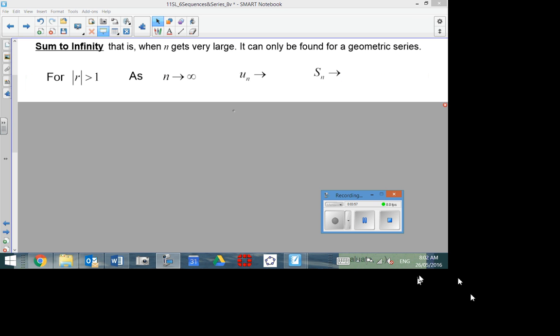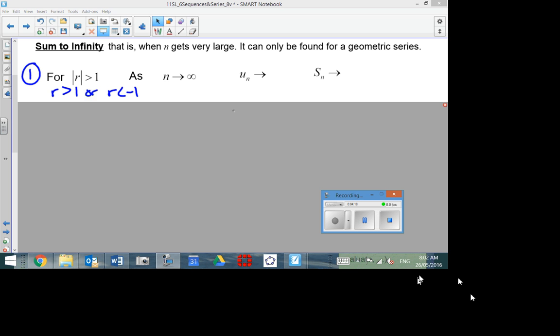So our first case that we're going to consider is what happens when the absolute value of our ratio is greater than 1. That is when r is greater than 1 or when r is less than -1. It can be an integer, or not even an integer; it can be a fraction as well.